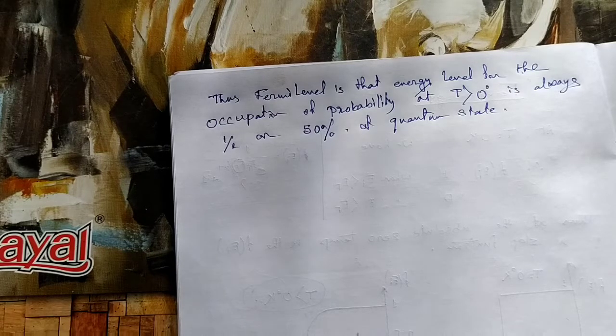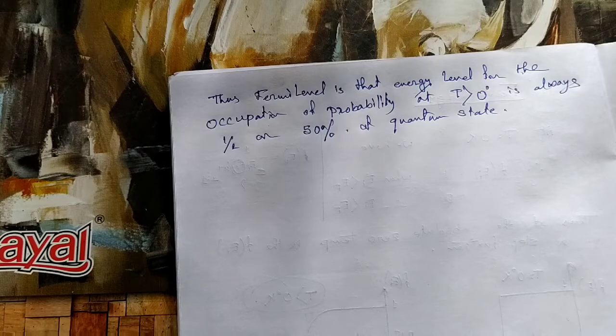And when the energy of the particle becomes equal to the Fermi energy, then obviously the particles occupy 50% of the quantum states. So the second graph represents that at non-zero temperature the particles occupy 50% of the quantum states. Is it clear for everyone?